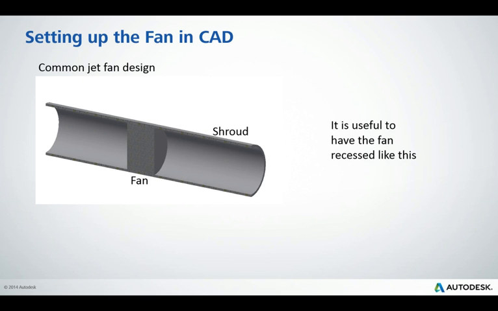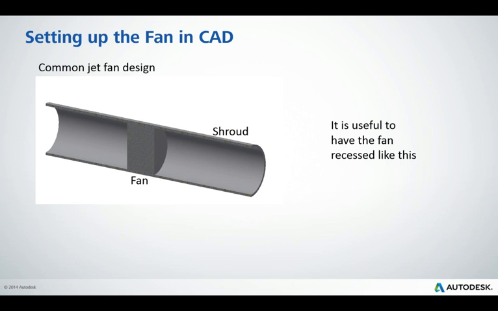And this is a typical fan. And we always simplify it down, so we have just quite a long shroud, which is pretty much as design and reality. And we have a solid cylinder in the middle representing the fan. We always have the fan recessed so that we have nicely developed flow, especially on the outlet, which helps to form that long throw from the jet.